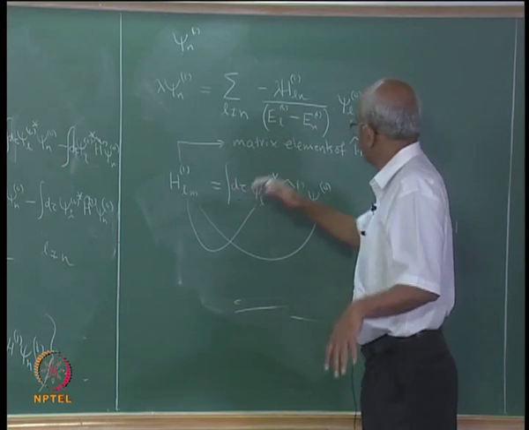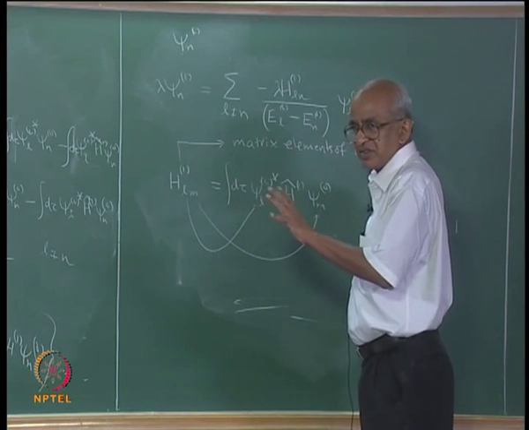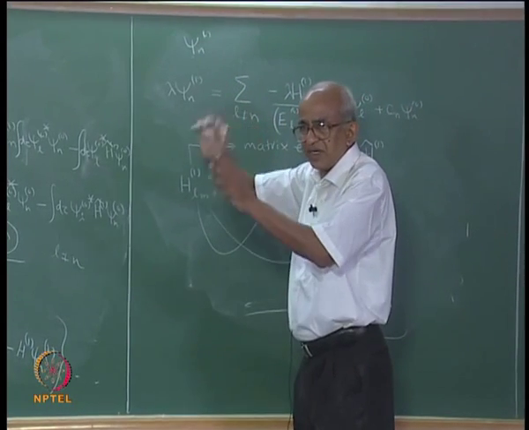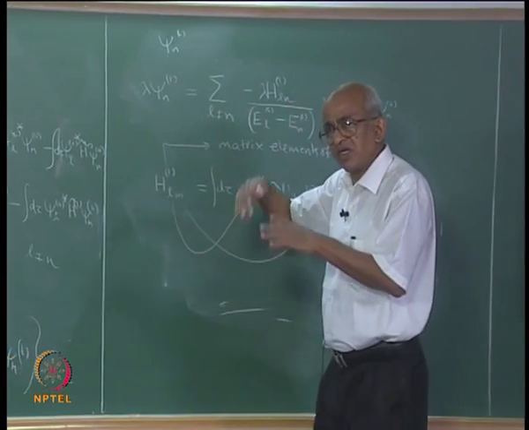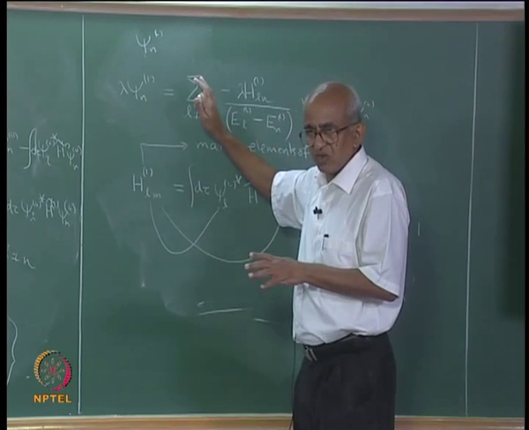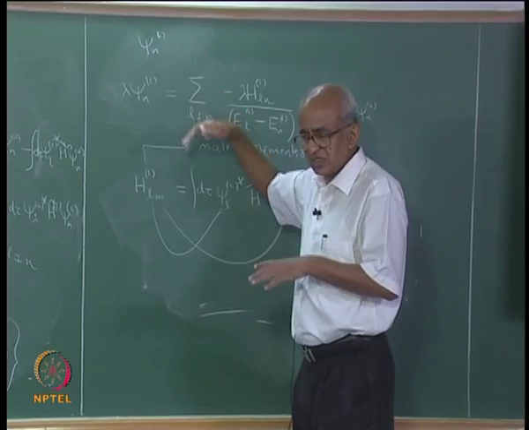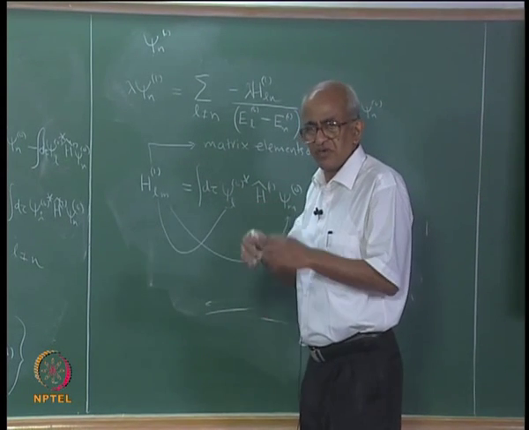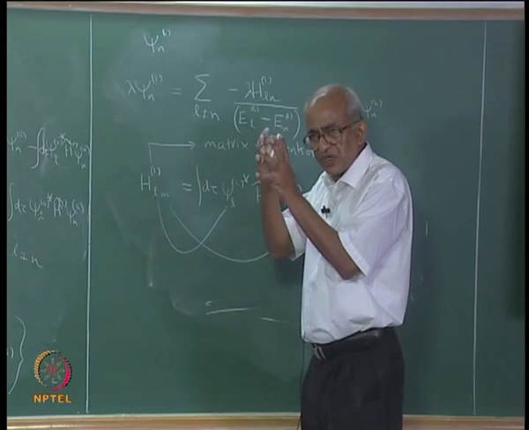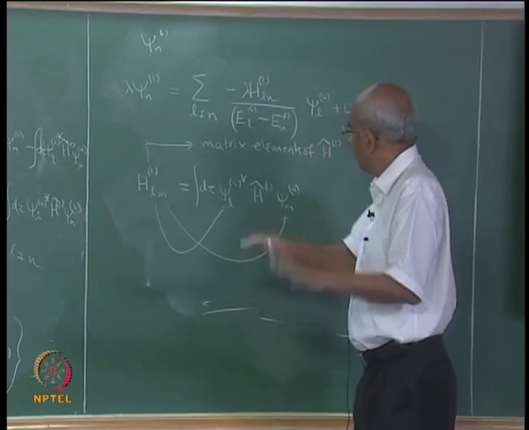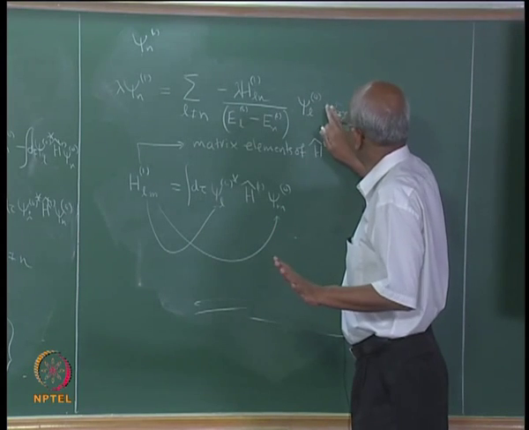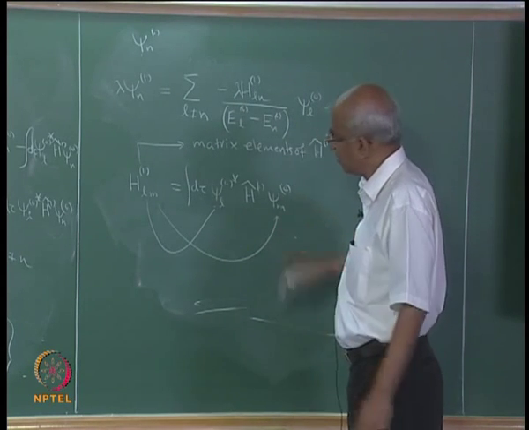So, therefore, this term is not of great importance for us, because all that it does is it multiplies psi n 0 by some factor, which you will eventually use normalization to determine anyway. So, you can assume that the wave function has to be normalized, and in fact, if you performed the operation of normalization up to first order in lambda, then what will happen is that this will work out to be 0. You will have to believe me when I say that. So, therefore, this term is of no importance.